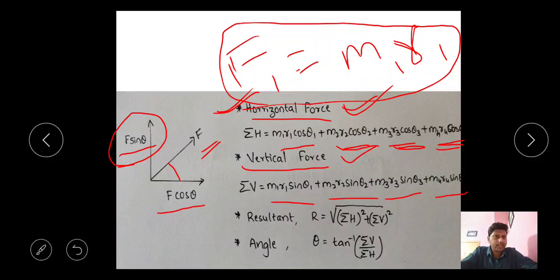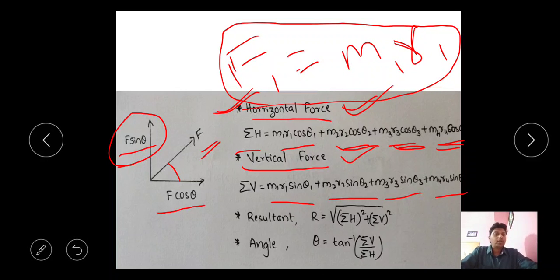It is very easy to remember. For the horizontal force, for H, you need to remember M1 R1 cos theta 1; you have to place cos theta everywhere. So that is M1 R1 cos theta 1 plus M2 R2 cos theta 2 plus M3 R3 cos theta 3 plus M4 R4 cos theta 4.